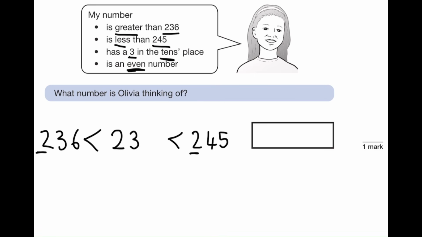And because it's an even number, and it's less than 245, more than 236, and there's a 3 in the tens place, the next even number would be 238. So we know it must be 238, as that's the next even number in the 30s.